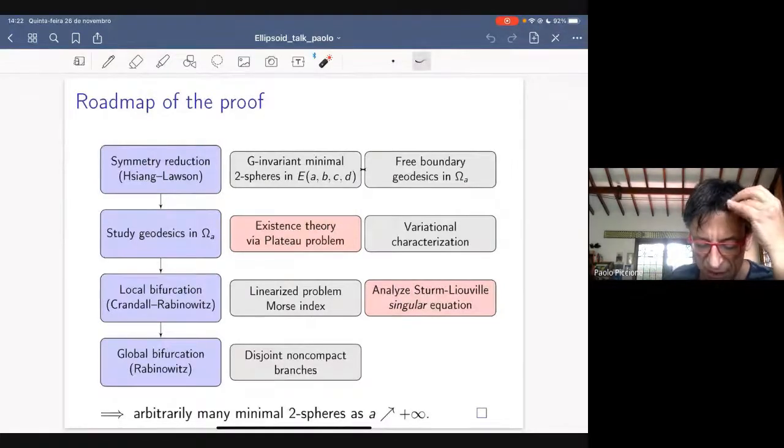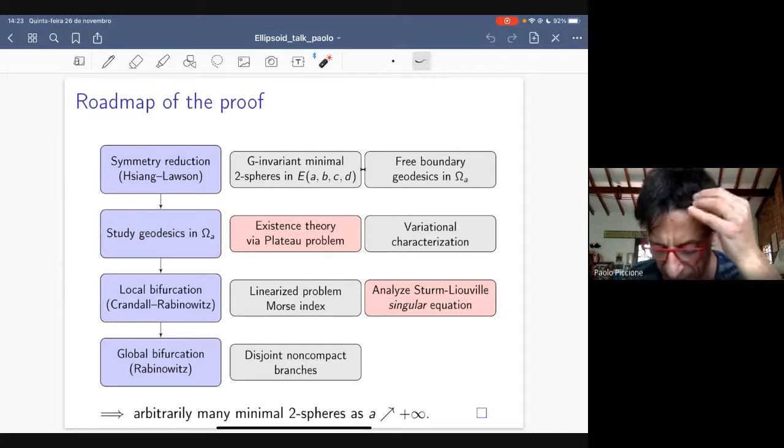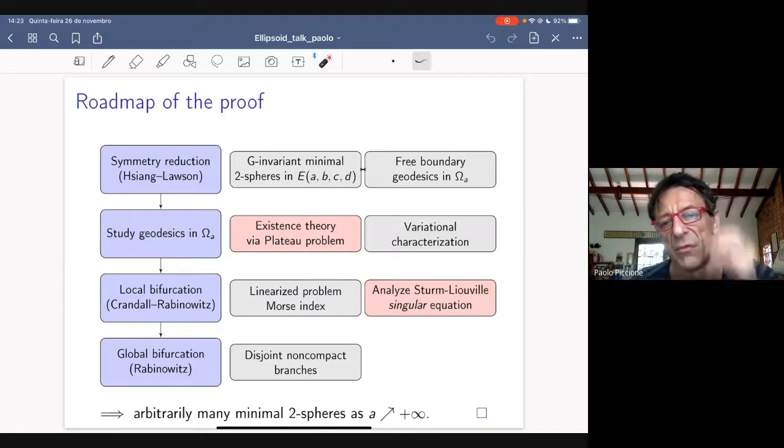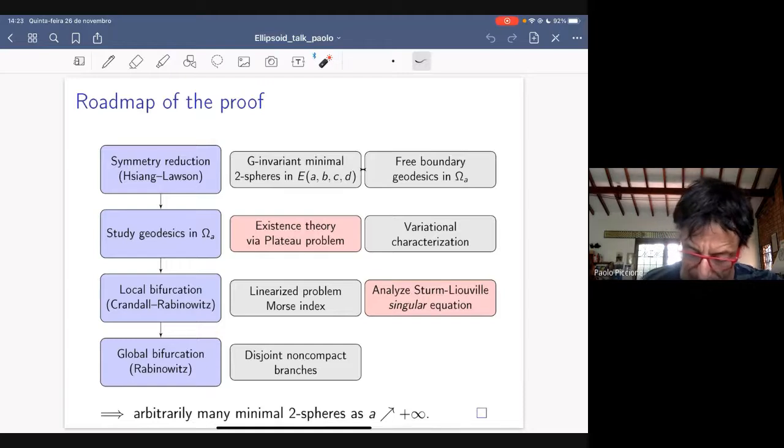Then we study the geodesics in this manifold with boundary. And here the crucial observation is that the boundary of this manifold, in fact, is singular. That is, the metric degenerates on this singular boundary, and that creates many difficulties for the existence of geodesics starting from the boundary of this manifold.